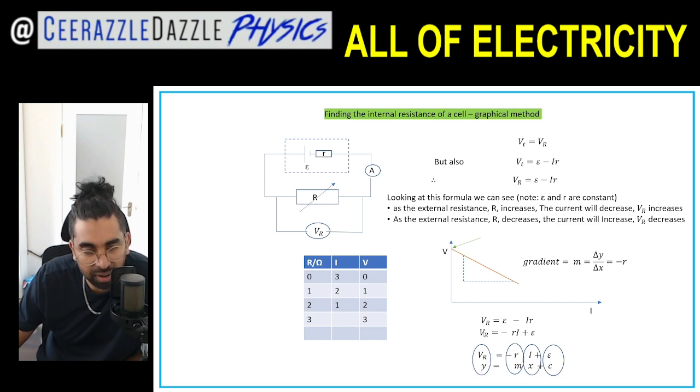If I plot on the y-axis V, the voltage across the external resistance R, and on the x-axis the current, the gradient of the line is going to be equal to the negative of the internal resistance. And the EMF is equal to the y-intercept. So the gradient of this graph will be equal to minus the internal resistance of the cell.